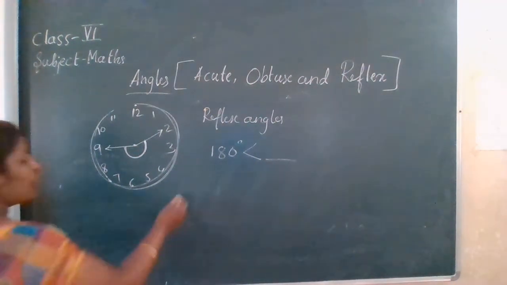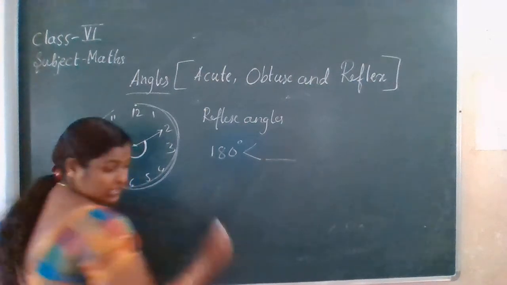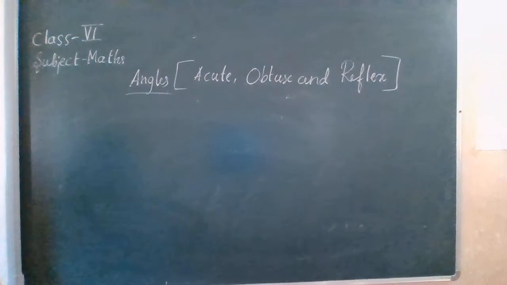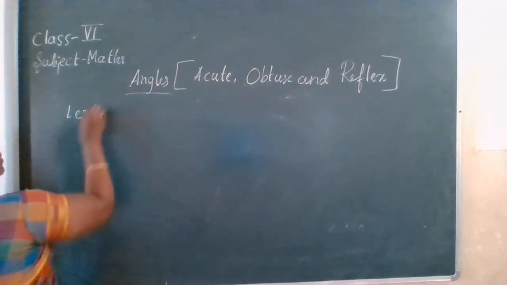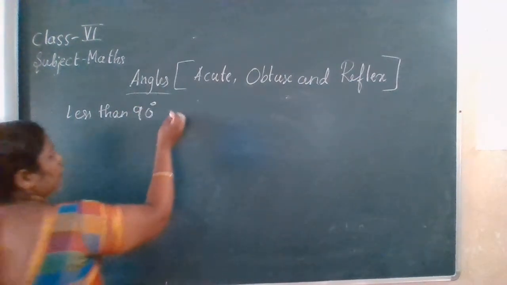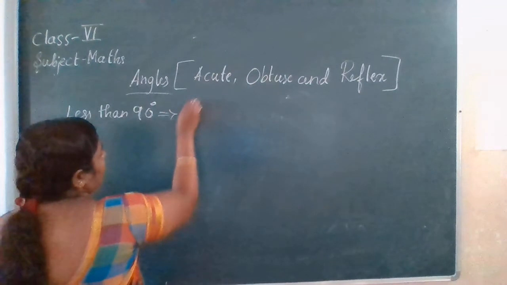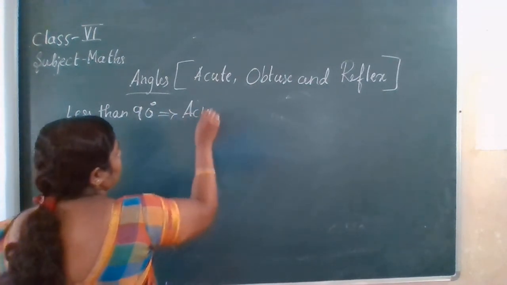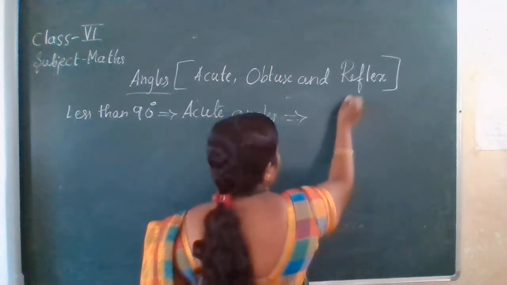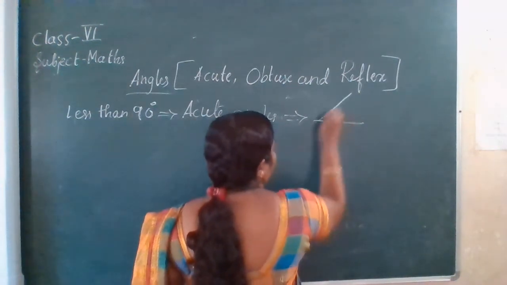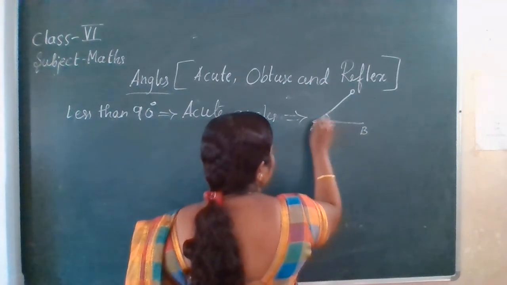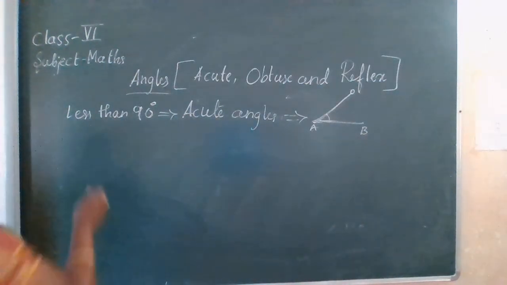reflex angles. Once again I will write: angles less than 90 degrees are called acute angles. One example, OAB, seems to be an acute angle.